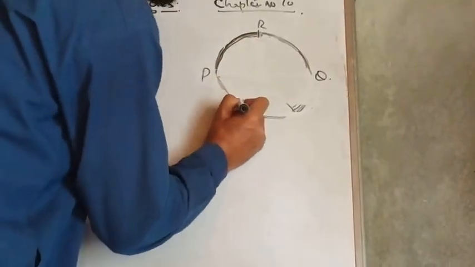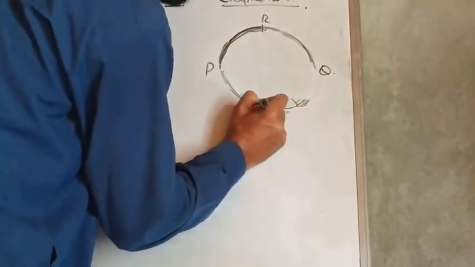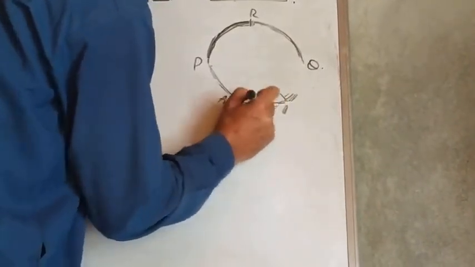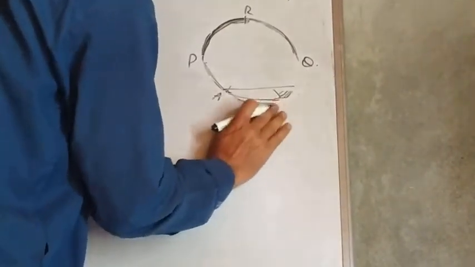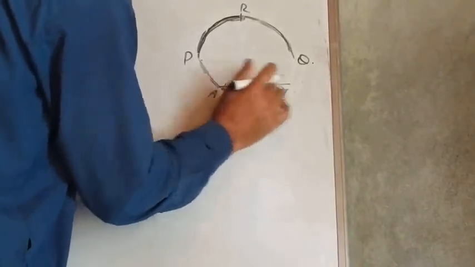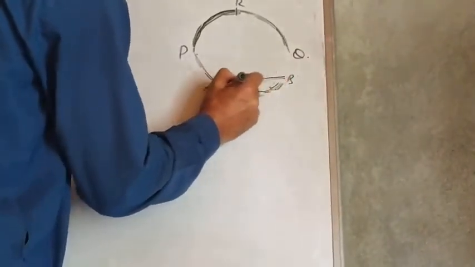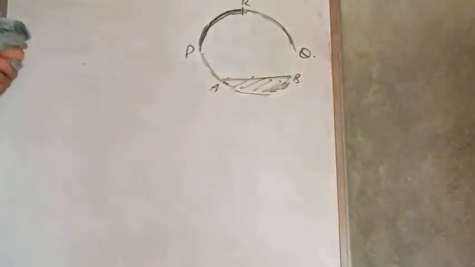And area of segment. What is this area of segment? This is AB, a chord. Obviously, this portion is the segment.